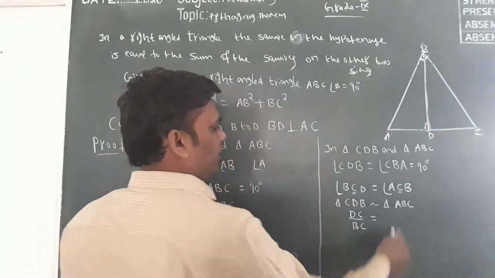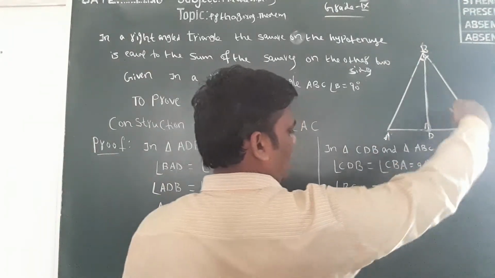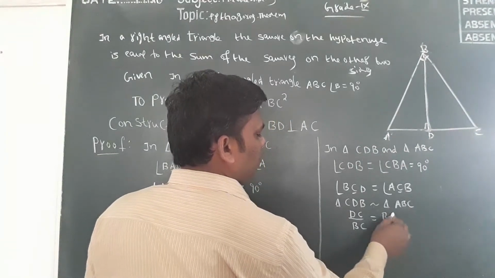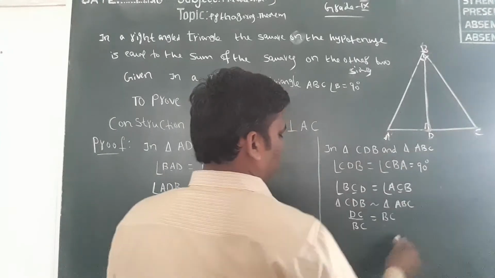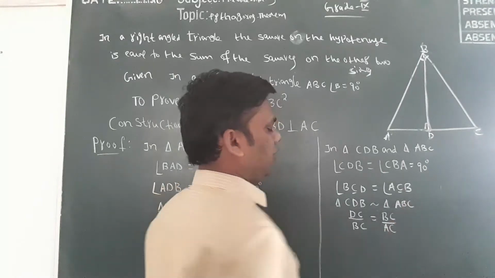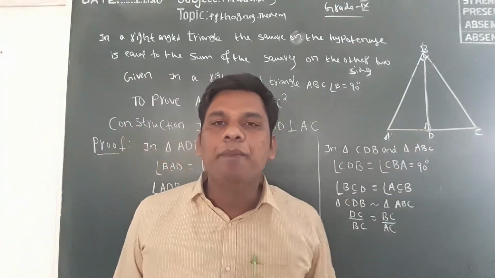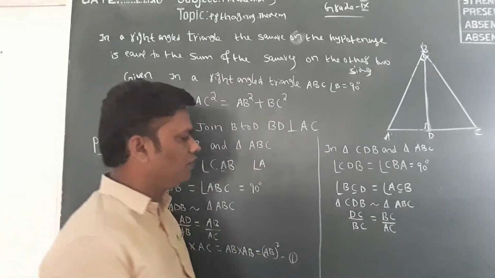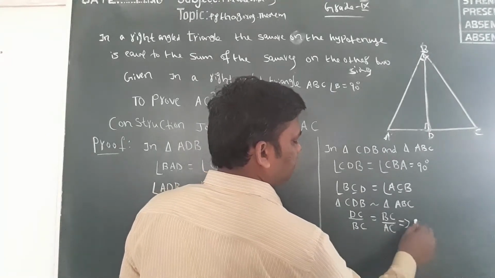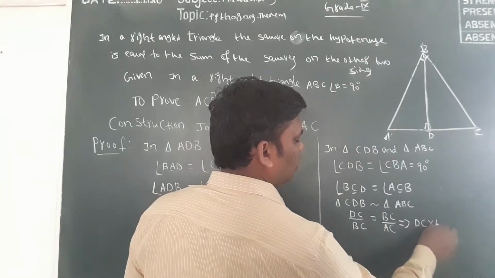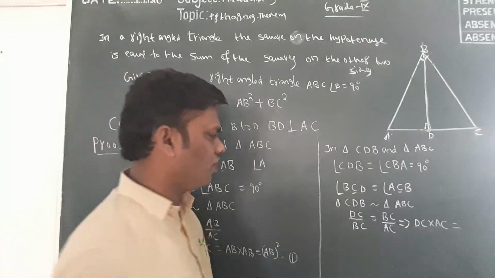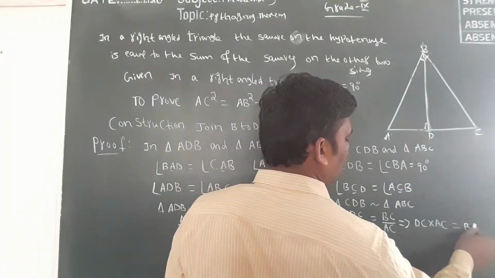In the ABC triangle, BC upon AC. Now cross multiplication, what will come here? DC into AC equals BC into BC, what, Nana? BC square. Okay? BC square.